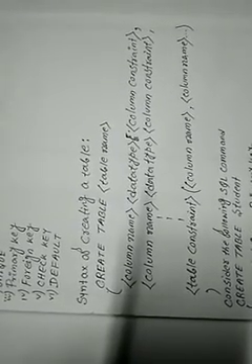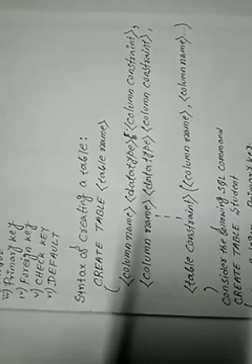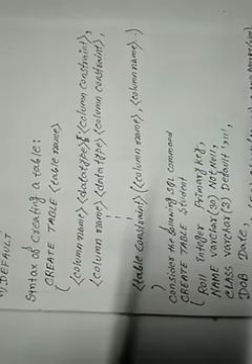Then column constraint and table constraint are two basic types of constraint. These are the column constraints, and this is the table constraint. The difference is that column constraints apply only to individual columns, whereas table constraints apply to groups of one or more columns.